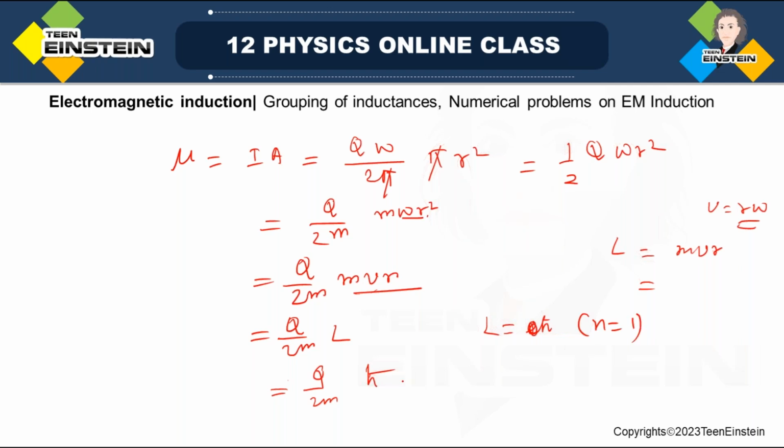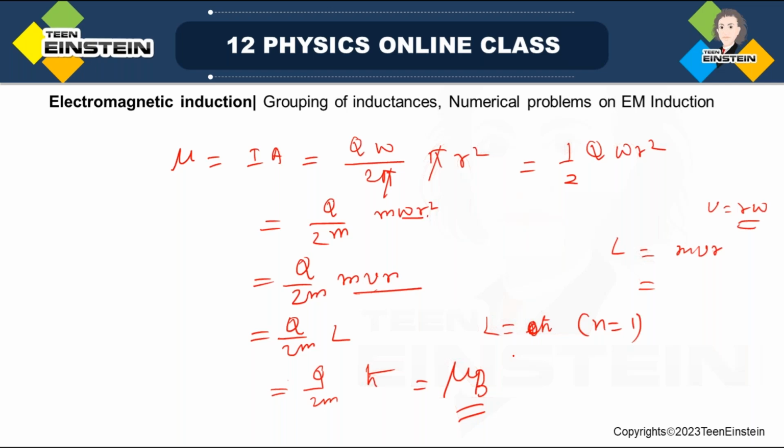So we get eh by 2m, which is the magnetic moment for the first Bohr orbit. This is denoted by mu B, the Bohr magneton. This is how it is related.